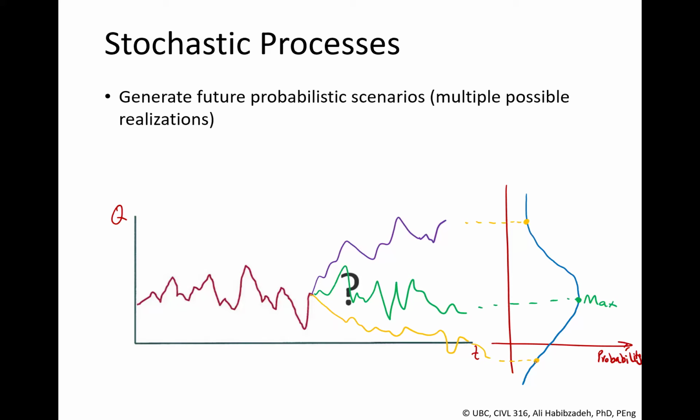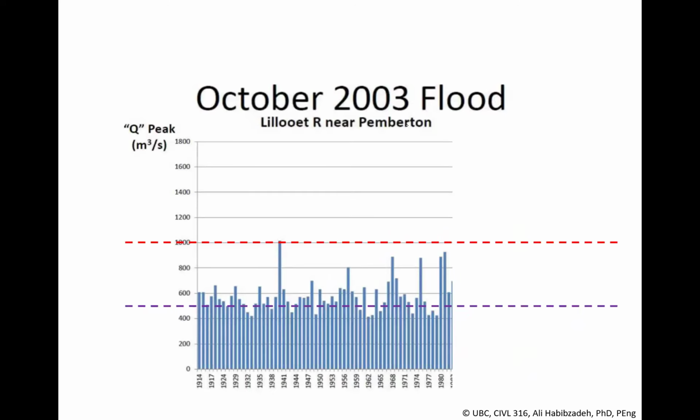Yeah, the vertical axis means magnitude, or whatever the parameter is, discharge in this case. So here's an example. Let's say we have this data from the Lillooet River near Pemberton. We're looking at historic peaks from 1914 all the way to almost 2000, and we say, oh, it looks like there's been a large peak somewhere here.